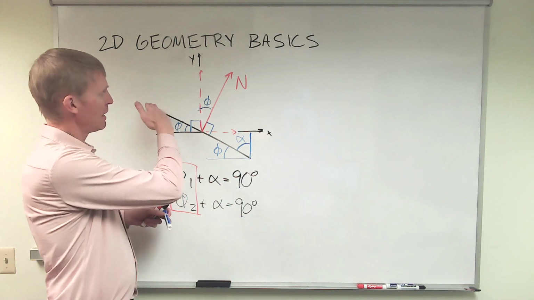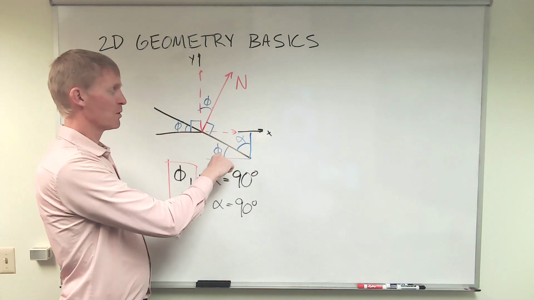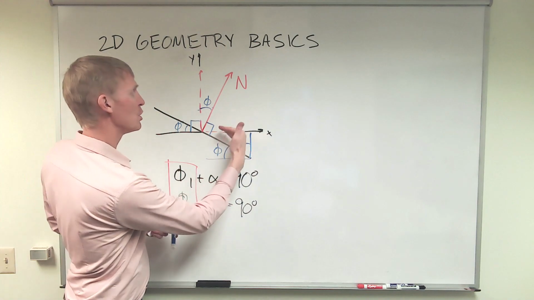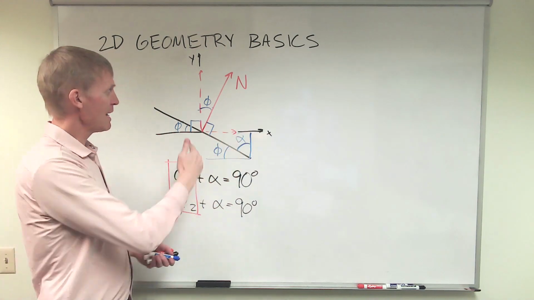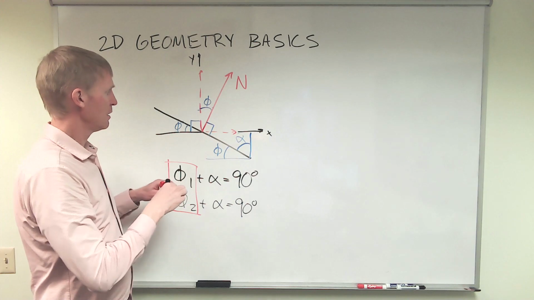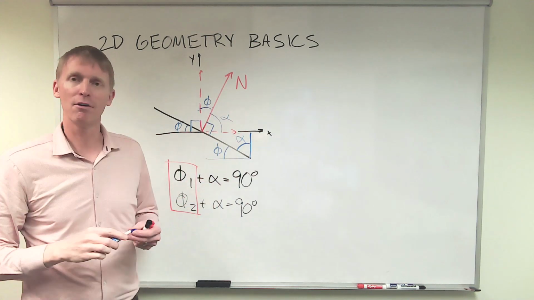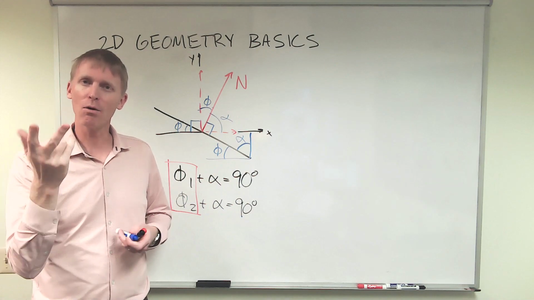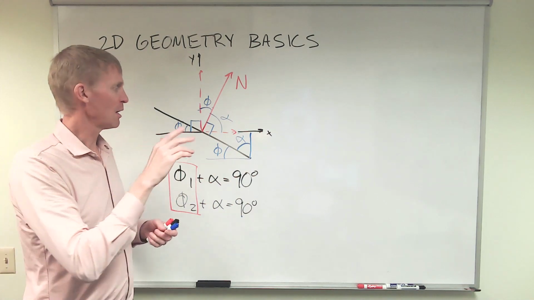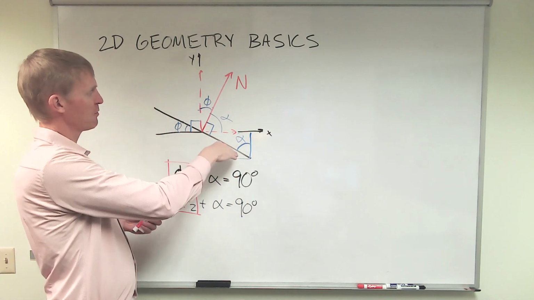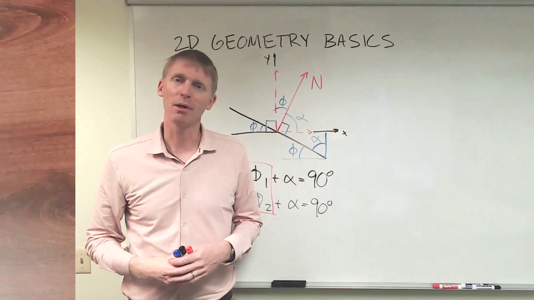So if I am identifying this line not with a horizontal angle phi, but a vertical angle alpha, then any line that is perpendicular to this one is going to be this same angle alpha from horizontal. So it's that horizontal-vertical flip, that reference flip that we have for these two lines that are perpendicular in space.